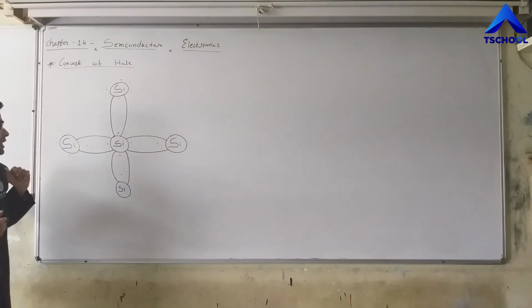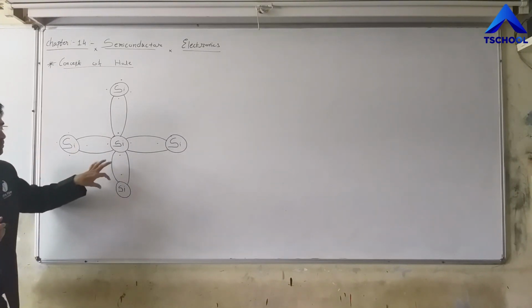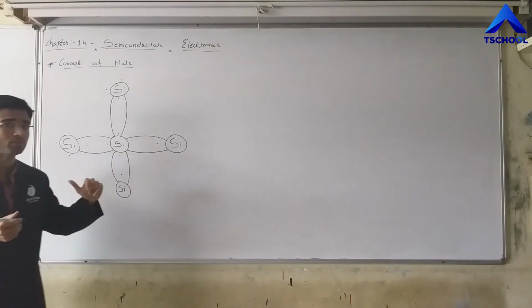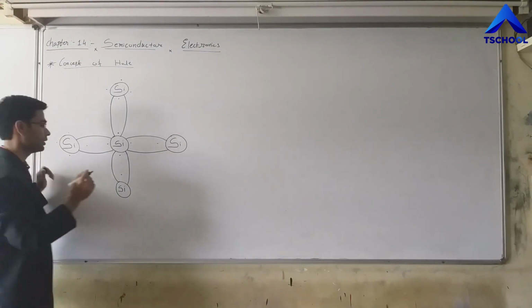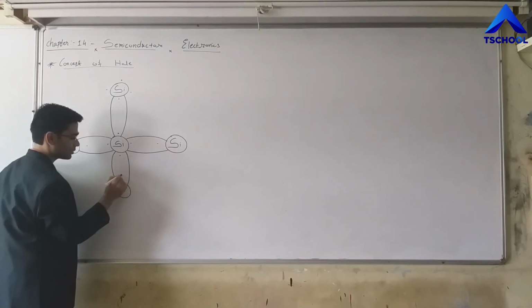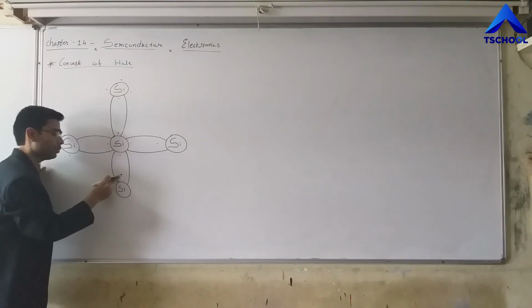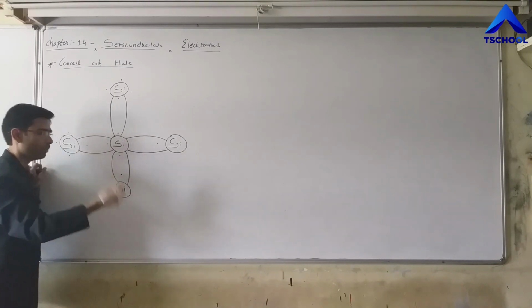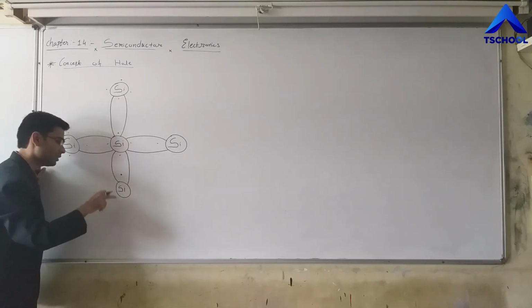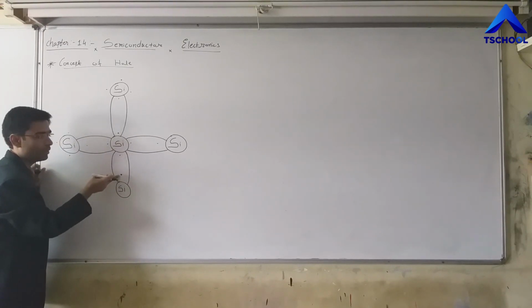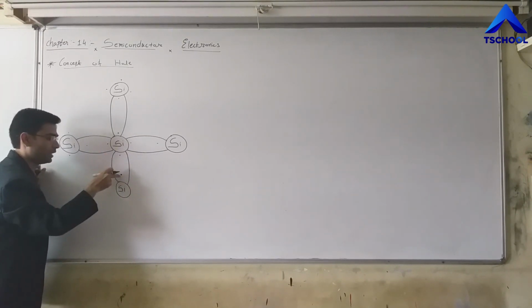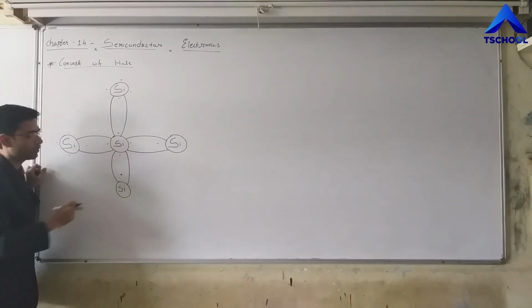At that time, some of the electrons become free. For example, suppose these electrons become free at the time of oscillation due to vibration. They become free from the covalent bond and take part in conduction.